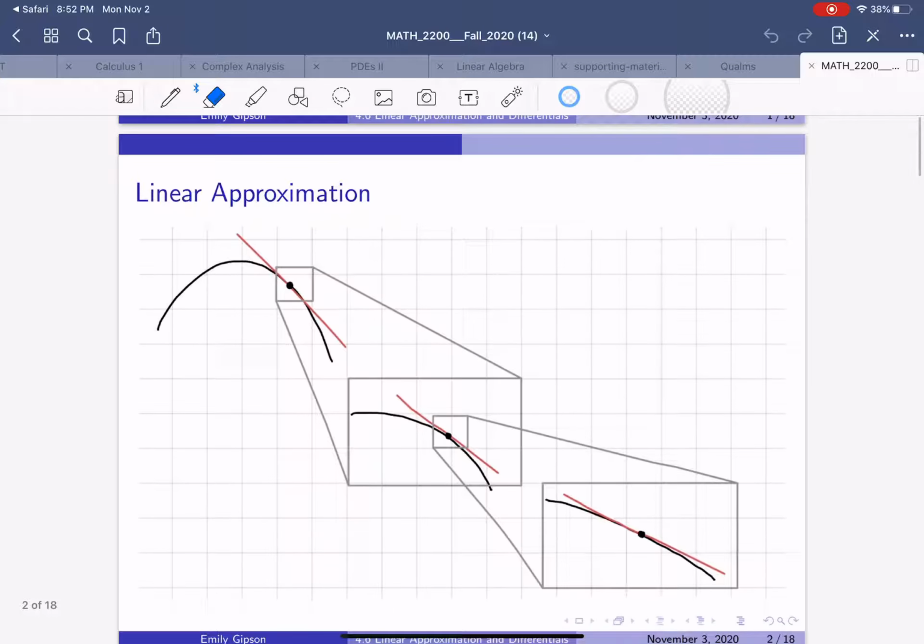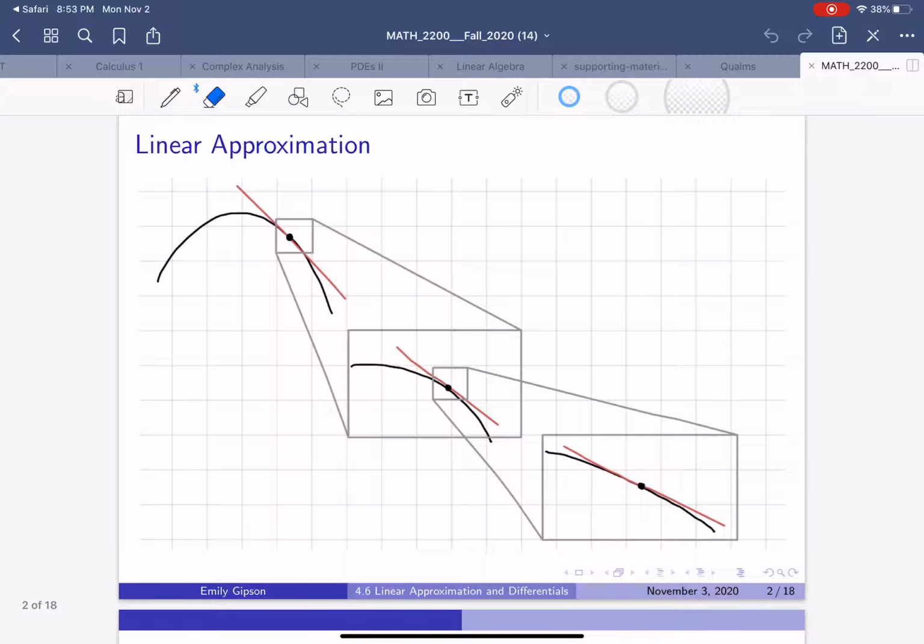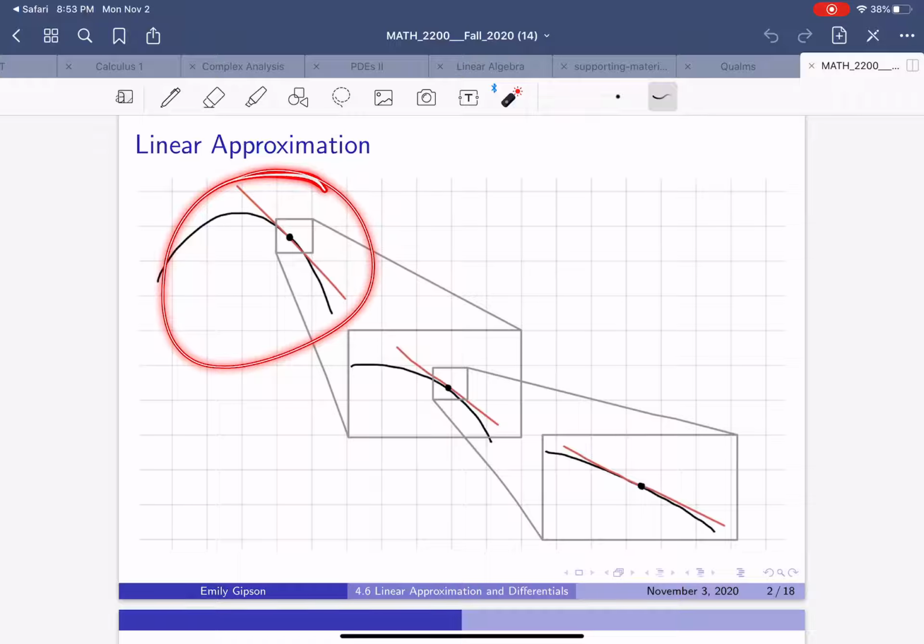So here I've got this really excellently done drawing. You can thank me all you want, but imagine plotting a smooth curve with the graphing utility. Now pick a point P on the curve, draw the line tangent to the curve at P, and zoom in on it several times. So we go from this outermost zoom into this innermost zoom.